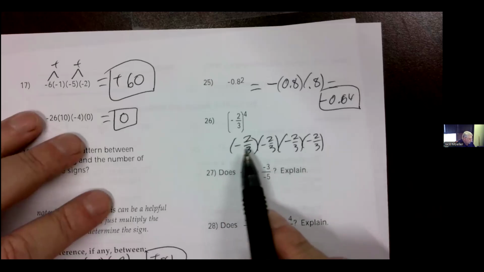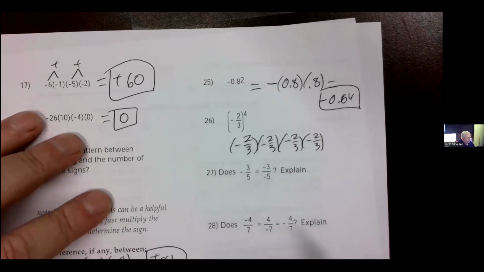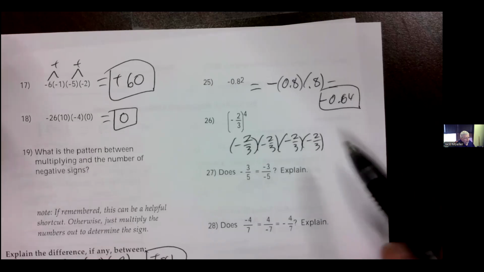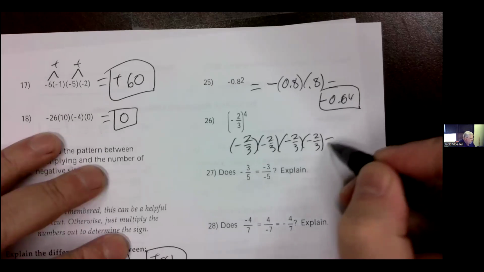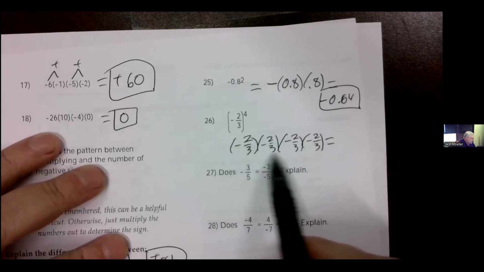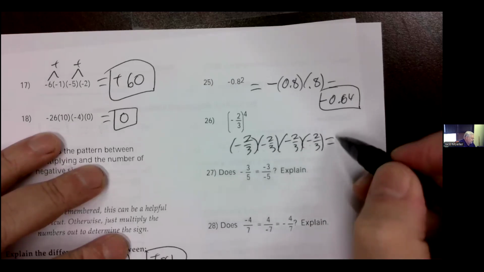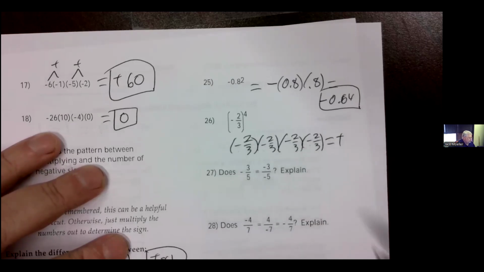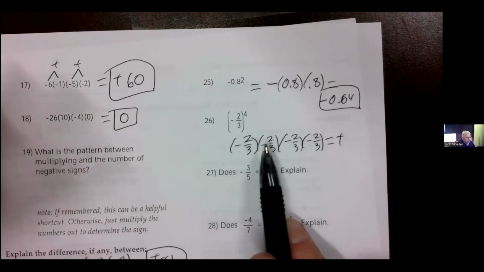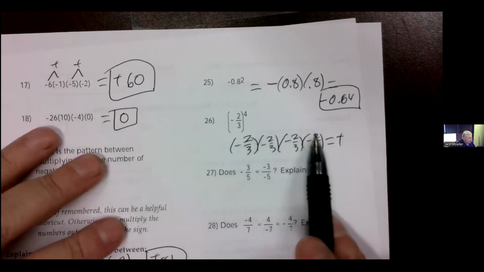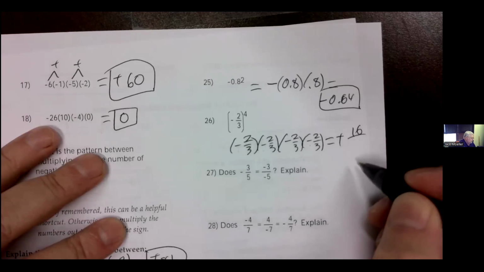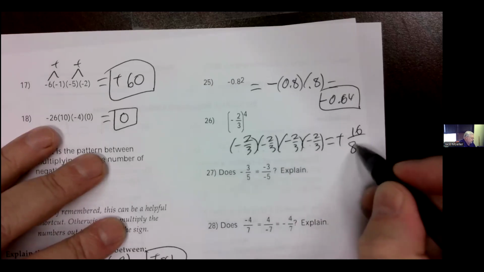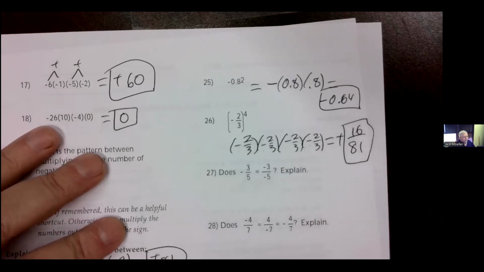Well, again, you're multiplying top with top, bottom with bottom. You can see there's nothing to simplify because 3 doesn't go into 2. We've got 1, 2, 3, 4 negatives, so our answer is positive. So what's 2 times itself 4 times? That's 4 times 4, which is 16. And that's 9 times 9, so 16 eighty-firsts.